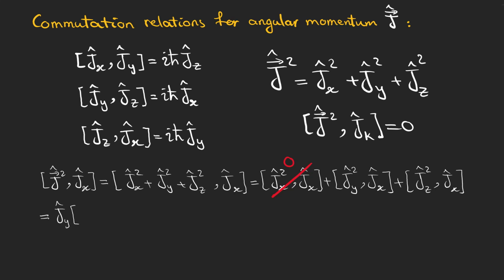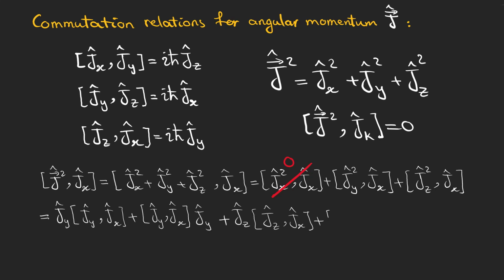But for the second term, we can set A to be Jy and B to be Jx and write it like this. And as we actually calculated before, you can write the last term as this. We know that the commutator of Jy and Jx is minus iħ Jz, so we can write it as minus iħ Jy Jz.